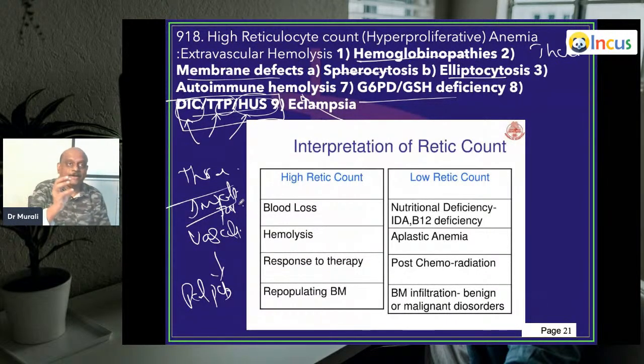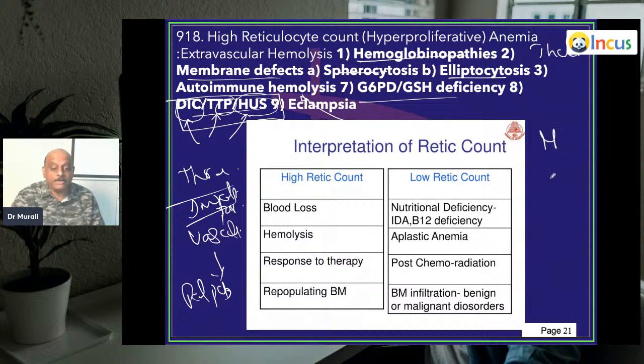So this TTP, thrombotic thrombocytopenic purpura, hemolytic uremic syndrome, hemolysis is there, uremia, renal failure is there, it's a syndrome. And disseminated intravascular coagulation. These three are called microangiopathic hemolytic anemias, MAHA.